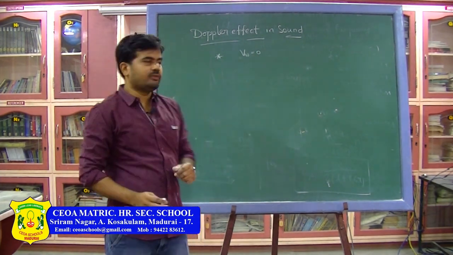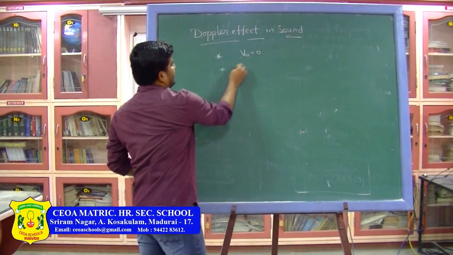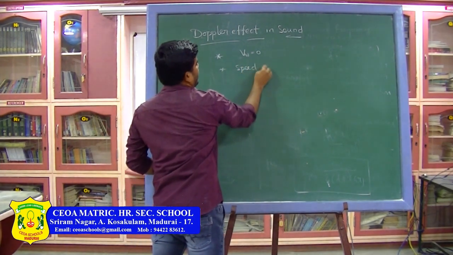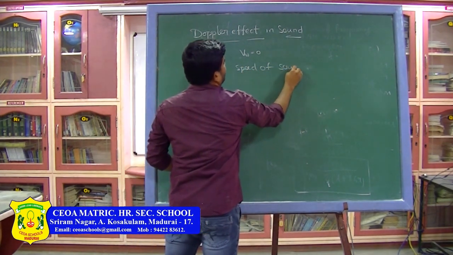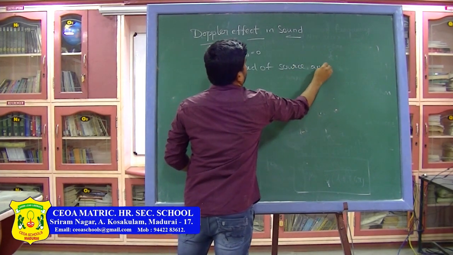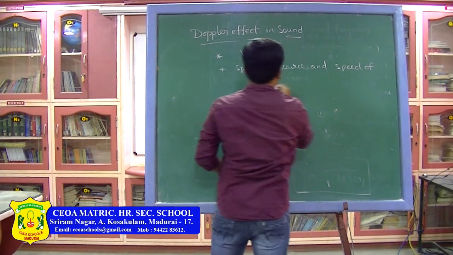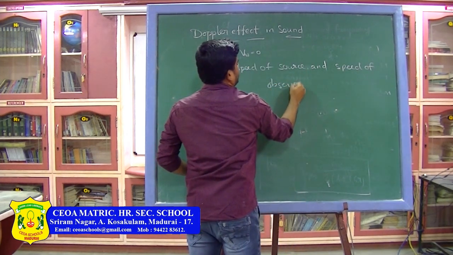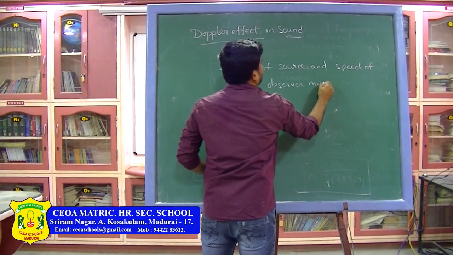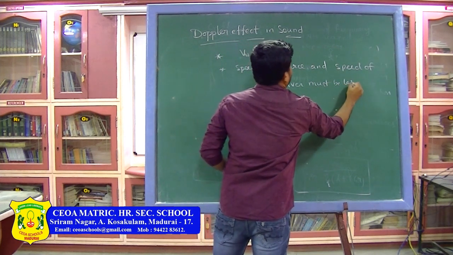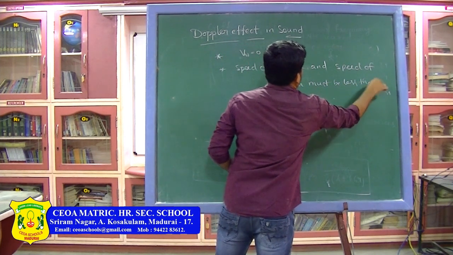And the second thing is the speed of source and speed of observer must be less than the speed of sound.